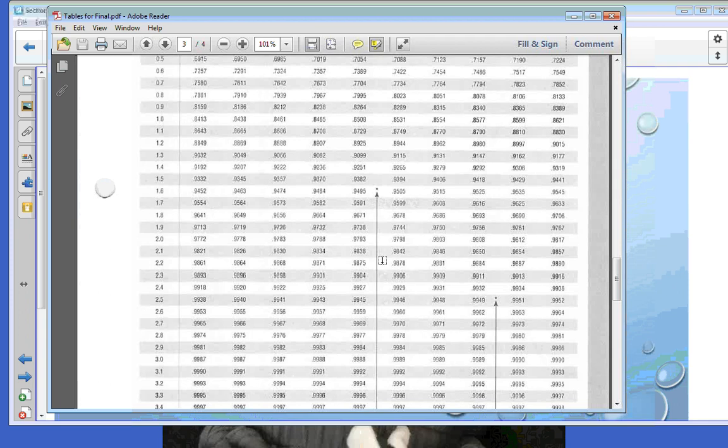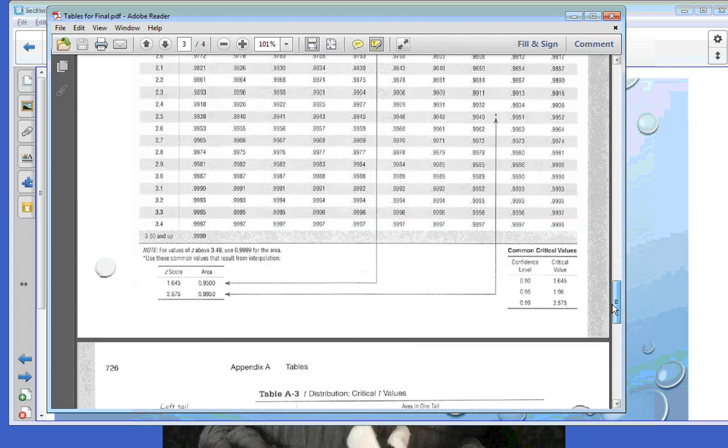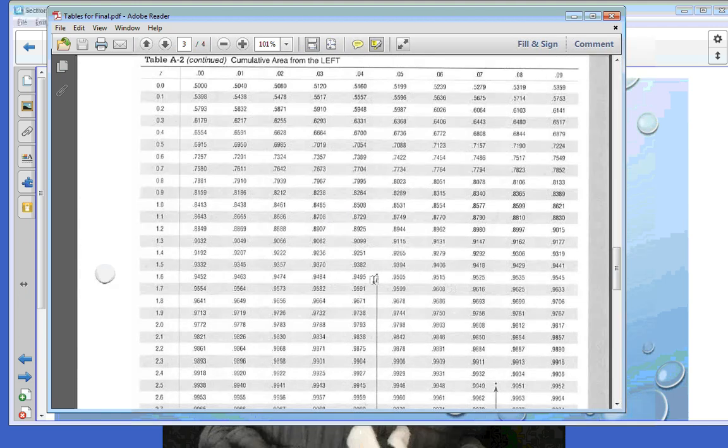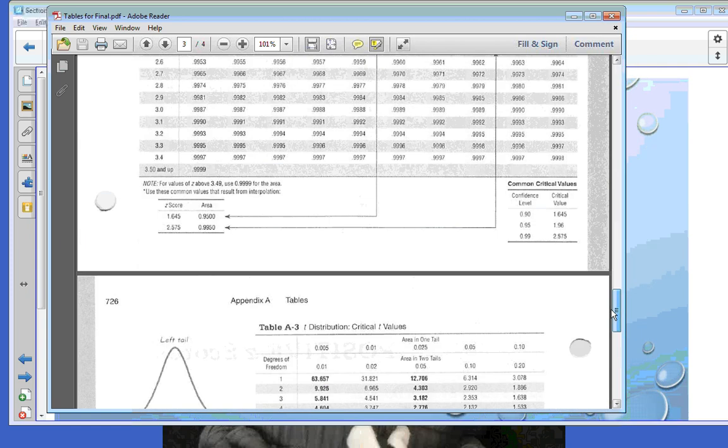So this is the one time, because it's exactly in between 0.95, we're going to go in between those two z-scores. You can go back here and look. 1.64 and 1.65. So our z-score for 0.95 area, the z will be 1.645.